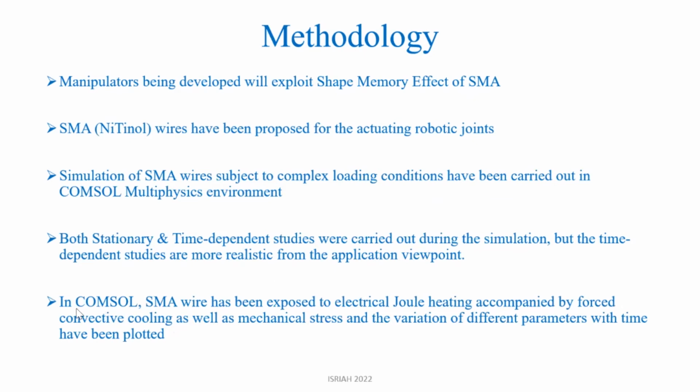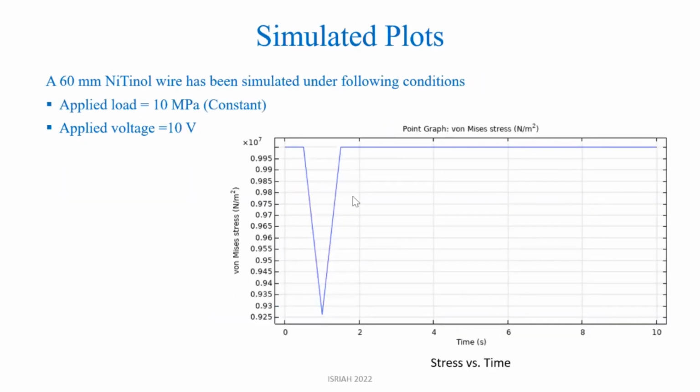In COMSOL, the SMA wire has been exposed to electrical Joule heating to heat up the SMA wires, and we also applied mechanical stress. The variation of various parameters, namely the martensite volume fraction, the temperature, etc., as well as stress and strain, with time have been plotted.